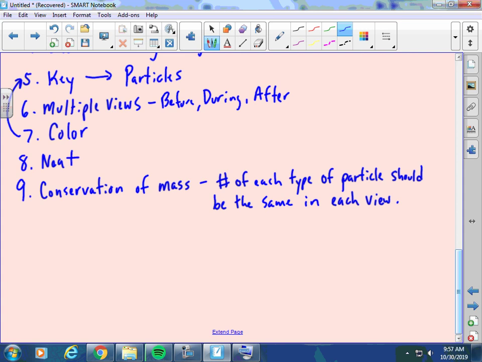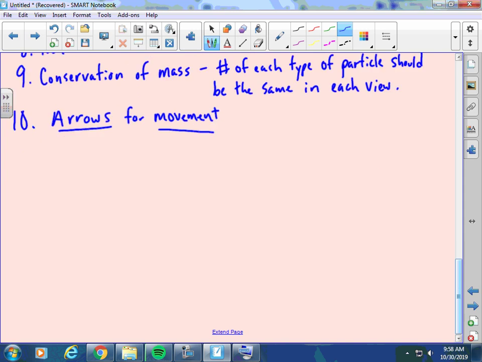Now we're going to add our new one. We are going to show movement of particles, using arrows for movement. Since this is new, I'm going to elaborate a little more. Like Jaden said, temperature is important. You seem to say that if the temperature is higher, the particles are moving faster.